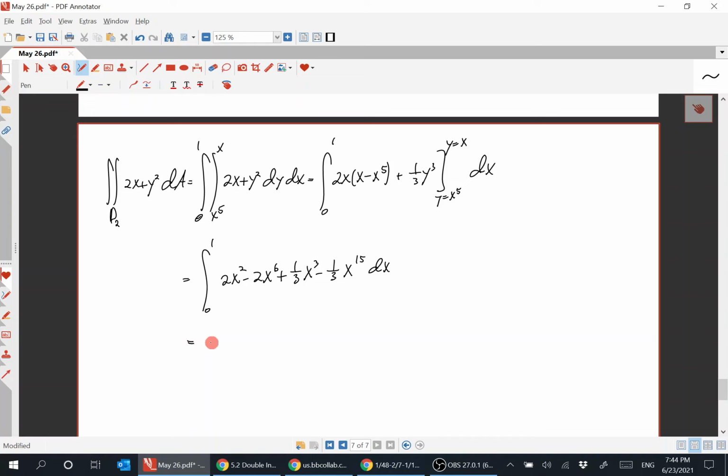So this is equal to 2/3 x to the 3rd minus 2/7 x to the 7th plus 1/12 x to the 12th minus 1 over 48 x to the 16th from 0 to 1. So this is 2/3 minus 2/7 plus 1/12 minus 1 over 48.